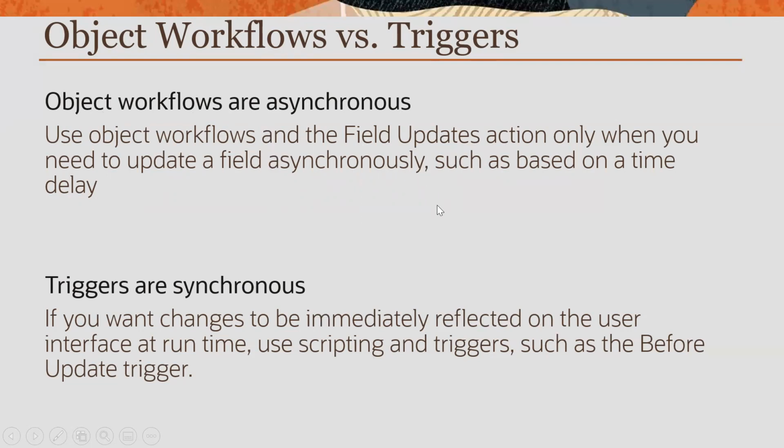We can choose a delay, like we can schedule, or even if we choose immediate to trigger, it will take a few seconds. We just need to close that particular record, and then if we open it again, we can see the changes. It means it will run in the background.